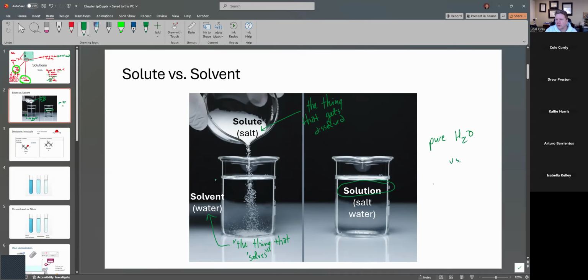Now, if you just got pure water and compared that to tap water, I'm going to write tap water, as opposed to H2O, because whenever I'm saying pure H2O, that means there's nothing in there. When I think of solvent, I think of chemicals like paint or paint remover. Nice. Yeah, that's a great way to think about it.